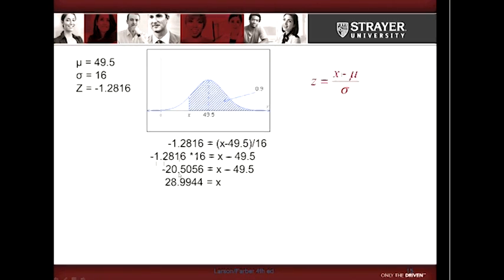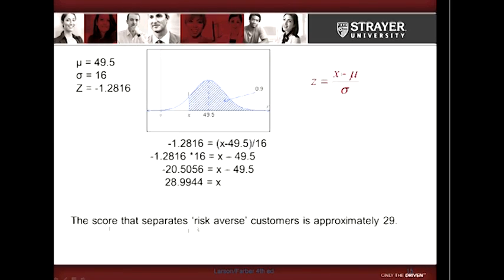Multiplying by 16, I get negative 20.5056 equals x minus 49.5, and then add 49.5 to both sides, and we get 28.9944 is our cutoff point for the bottom 10%. So the score that separates risk-averse customers is approximately 29.